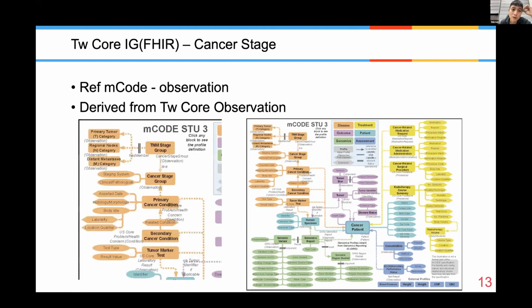For example, for cancer stage, we follow the mCODE design and put it into the Observation resource, and we derive the data format from the TW Core Observation.